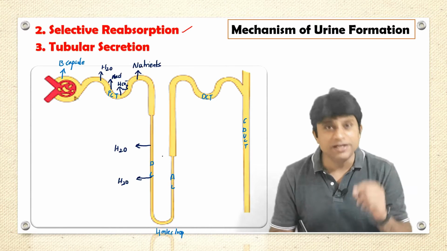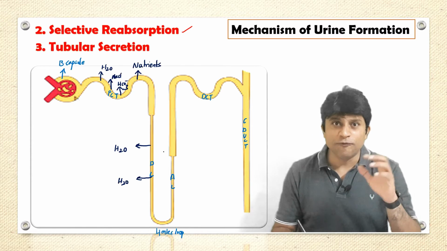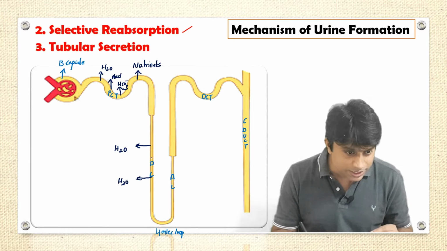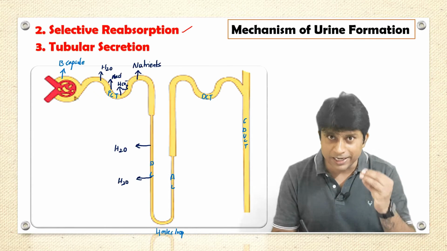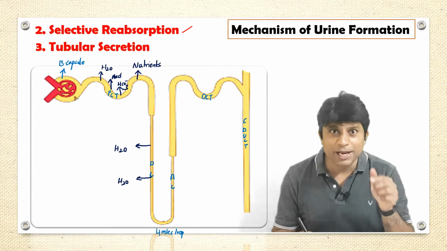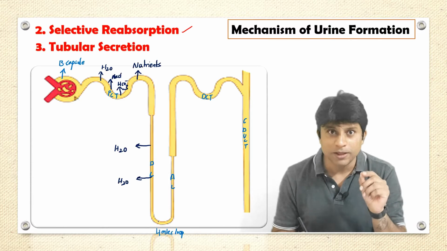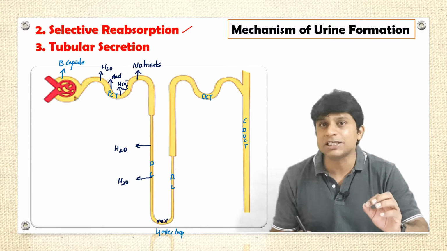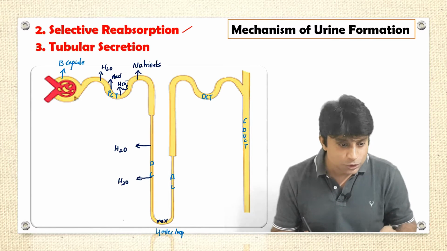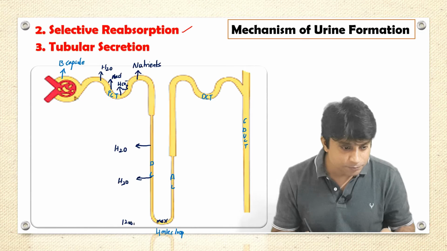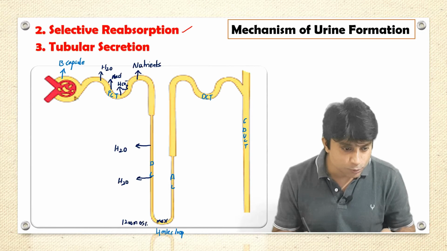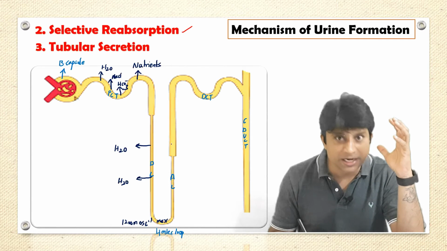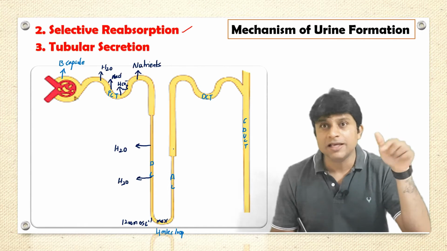When water is reabsorbed from the filtrate in the descending limb, slowly the concentration of the renal fluid increases, and in the hairpin bend of Henle's loop, the concentration of the renal fluid reaches its maximum, which is around 1200 milliosmoles per liter. So this is how the maximum concentration of the renal fluid can be seen in the hairpin bend of Henle's loop.